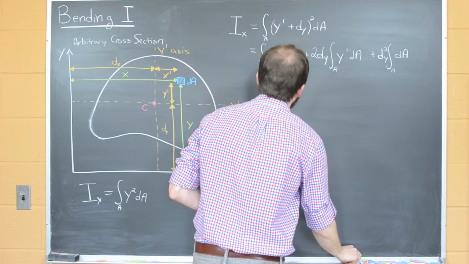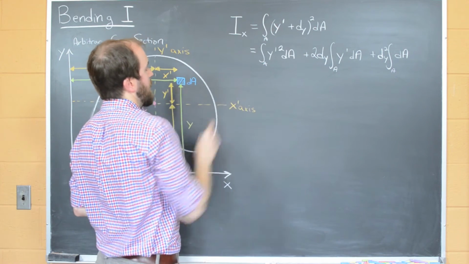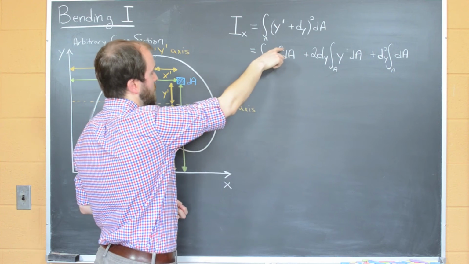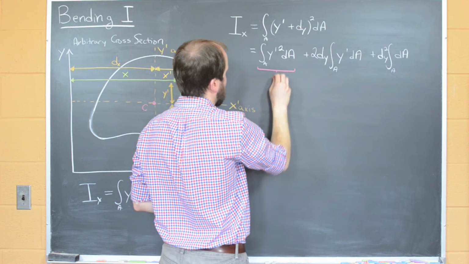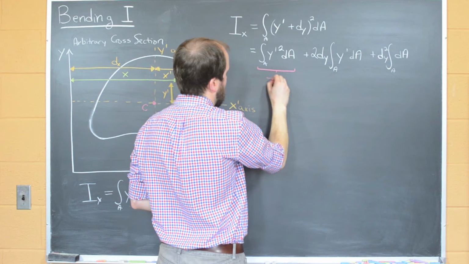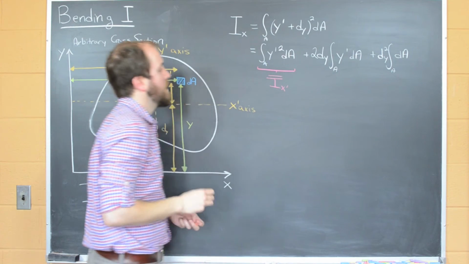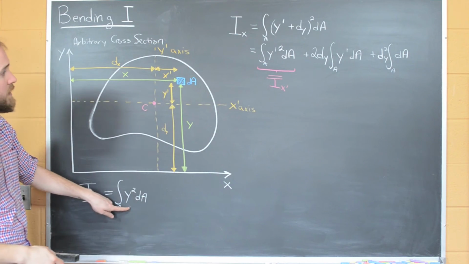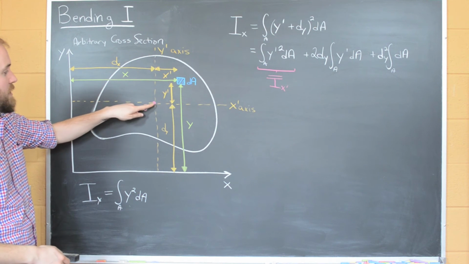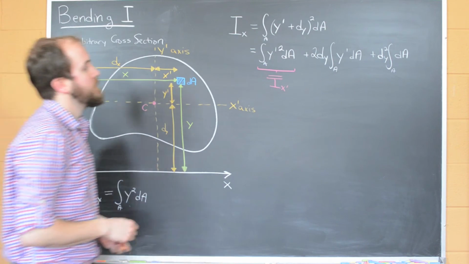And so we can immediately note a couple of things. The first thing is that the integral of the area of y prime squared dA is just simply I bar sub x prime, which means this is the same definition as the earlier one, but it's just talking about it relative to our new axes.